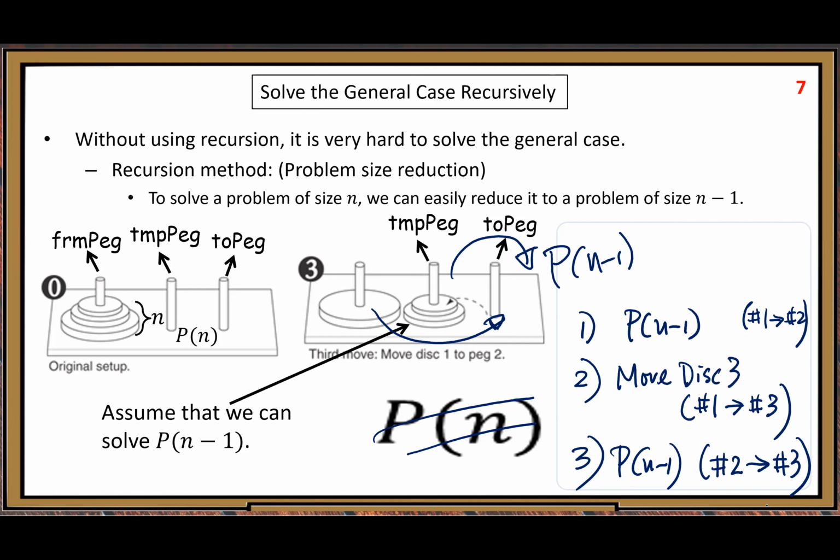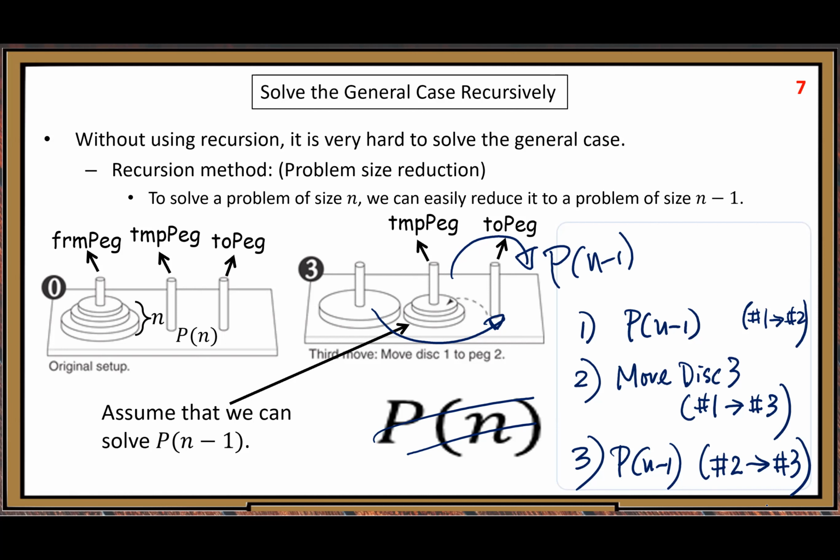That's our step 1. Then we move the bottom disk. That's the gap portion. After that, you need to move those n minus 1 disks back to the destination peg. That's recursion.